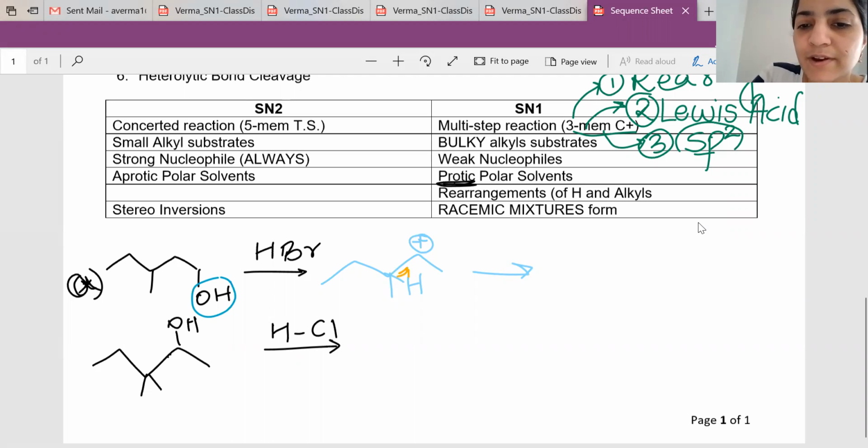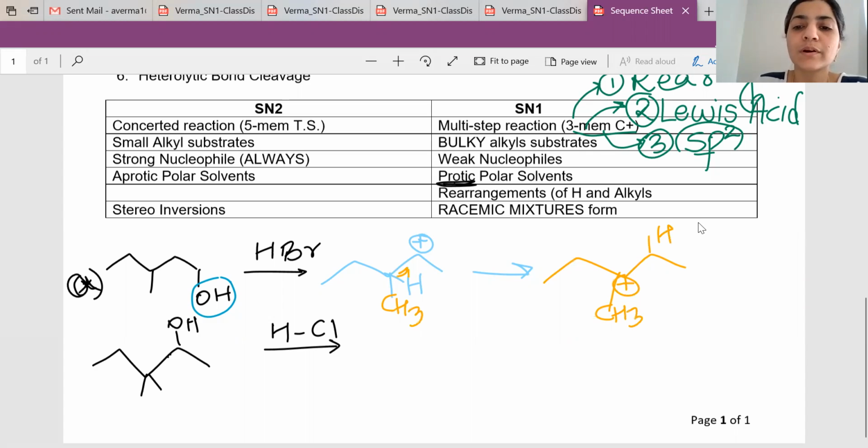When you see your hydride shift, there is this methyl group which is still on the carbon, but our molecule is no longer a secondary carbocation. It has now become a tertiary carbocation.